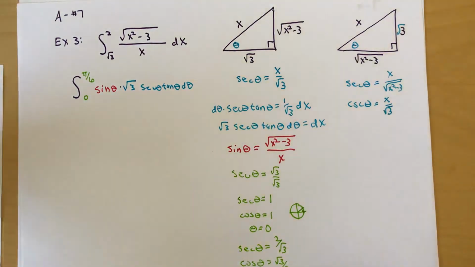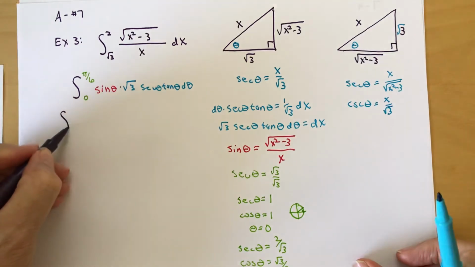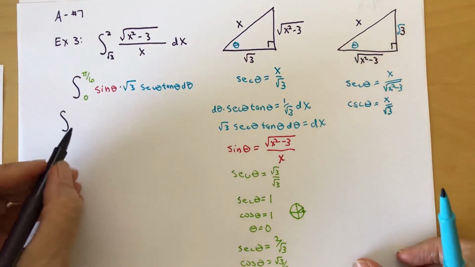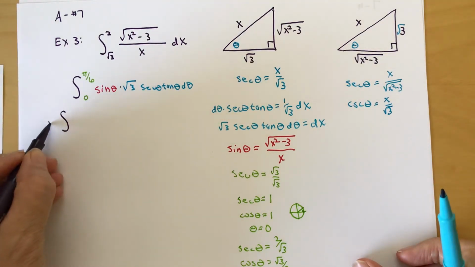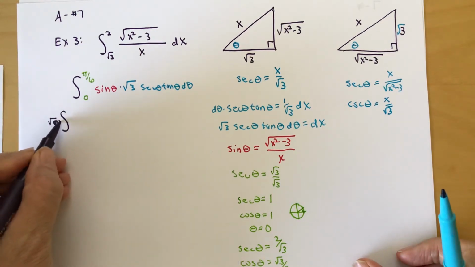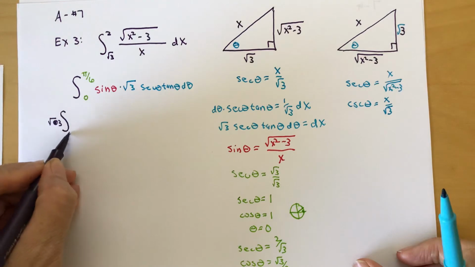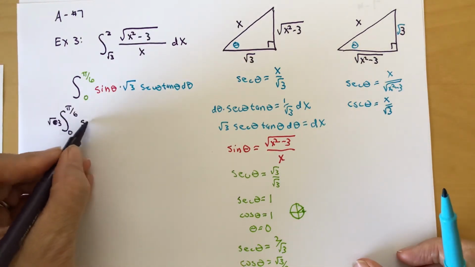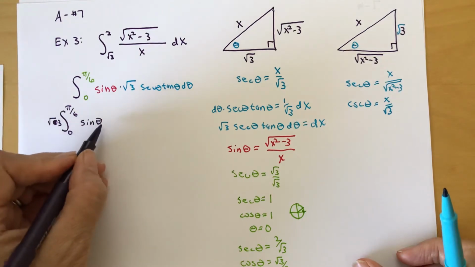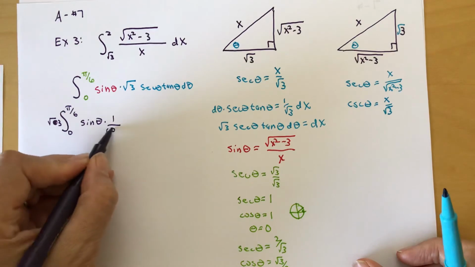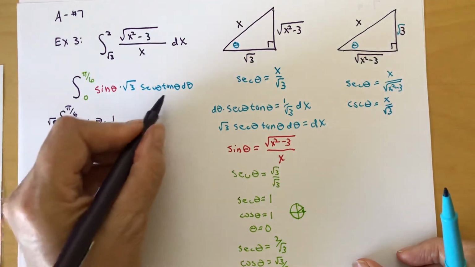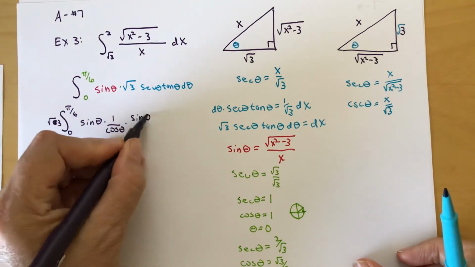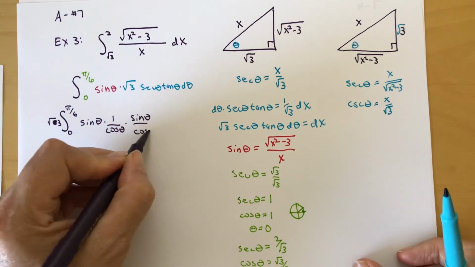And now we'll just clean that up and take the antiderivative and get to our answer. So the square root of 3 can come in front. It's supposed to be a 3. And this is 0 to pi over 6 of sine theta, and secant theta is 1 over cosine theta, and tan theta is sine theta over cosine theta.